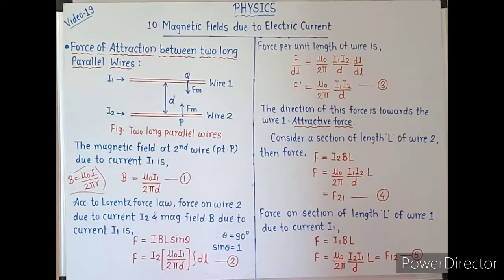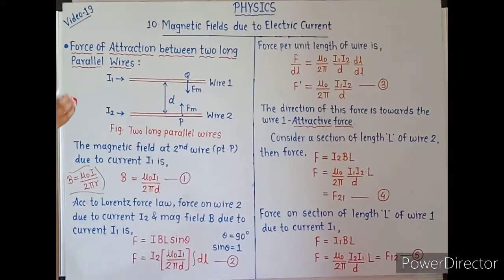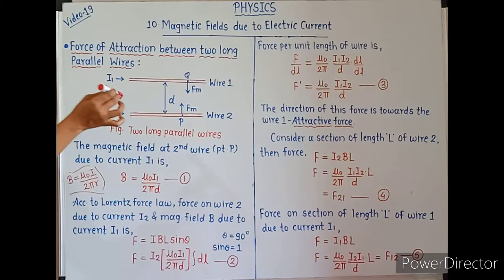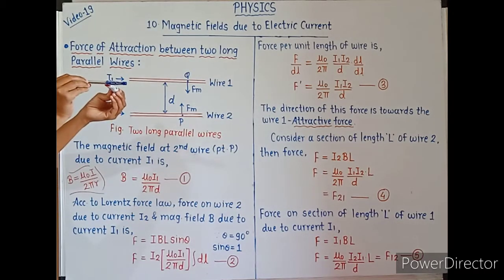The direction of the magnetic field B is going into the plane of the paper, and the direction of electric current, that is I2 flowing in wire 2, is like this.